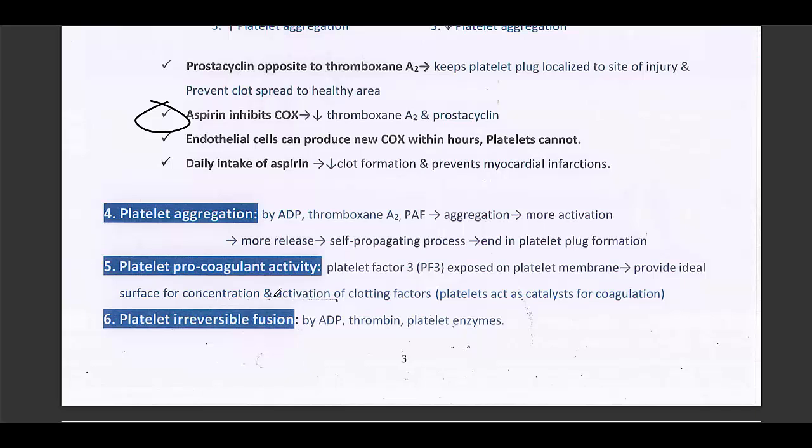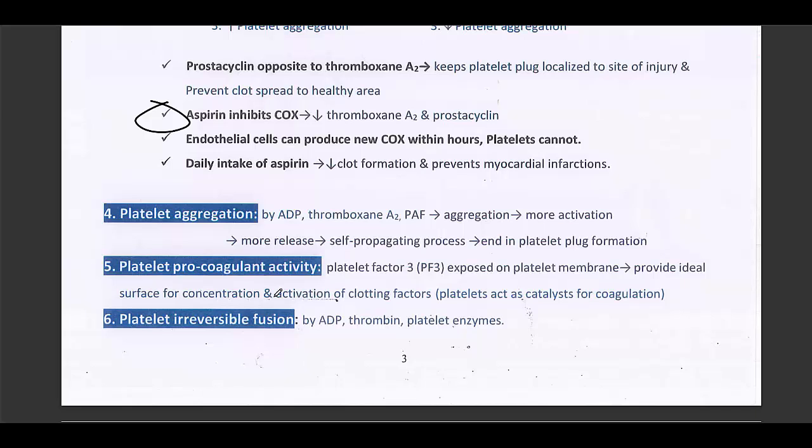Fourth point is platelet aggregation, as we said before, by ADP and thromboxane A2 and platelet aggregation factor. They increase the aggregation and make more activation of the platelets, more release of granules, a self-propagating process, in platelet plug formation. The next point is platelet procoagulation activity.